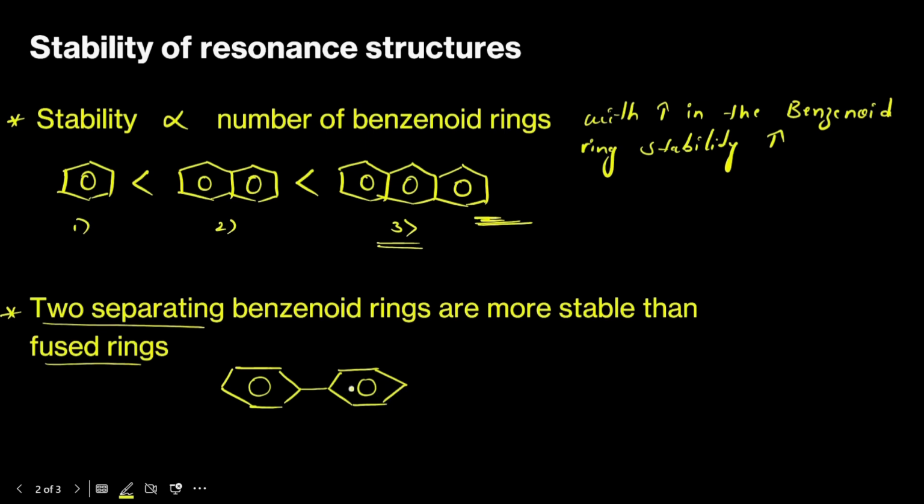So these separating benzenoid rings are more stable than fused rings. For example, in naphthalene, both the benzene rings are fused. In this case, the benzene rings are separated. Therefore, these two separated benzenoid rings are more stable than fused benzenoid rings.